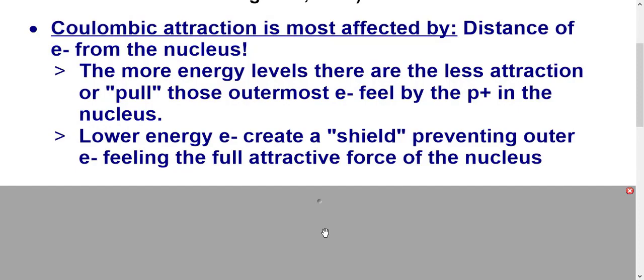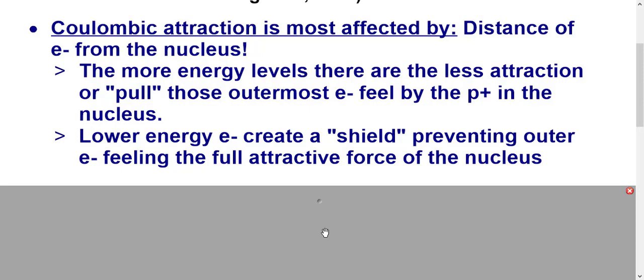And in addition to that, lower energy electrons, so say you have an atom with electrons on the first, second, and third energy level, the electrons on the lower energy levels, the first and the second, create a shield. It's like they're preventing the electrons further away from feeling the full attraction of the protons in the nucleus, simply because they're closer, and they're blocking or getting in the way of those electrons on higher energy levels.